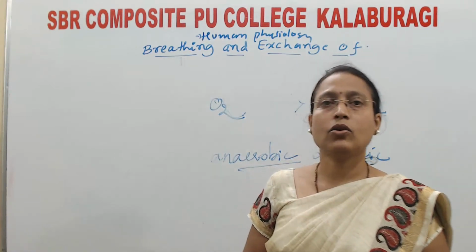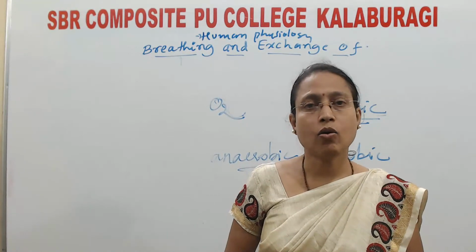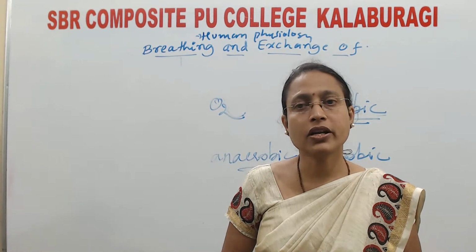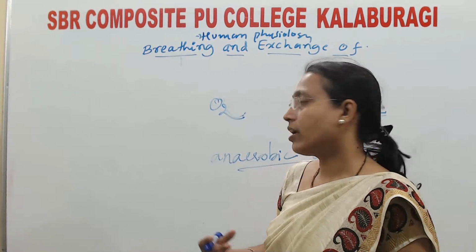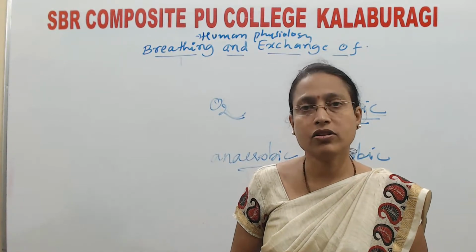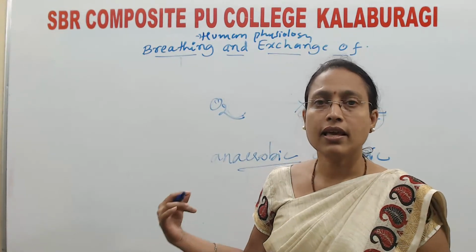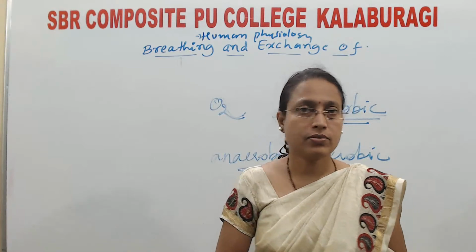In simple terms, those organisms that require oxygen for their cellular respiration are called aerobic organisms, and those that do not require oxygen for their cellular respiration are called anaerobic organisms.